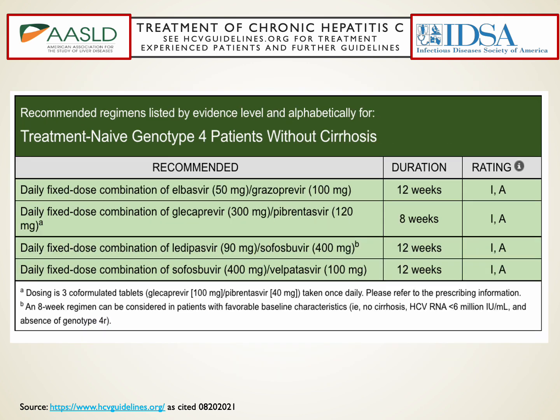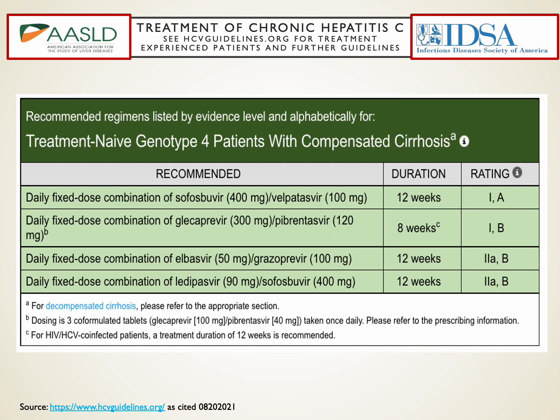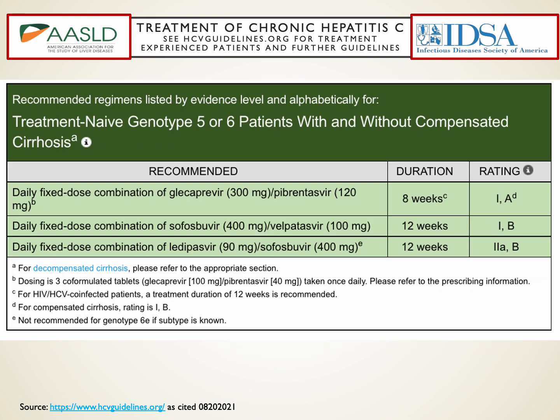For genotype 4, again, some 8 and 12-week regimens. And for genotype 4 patients with compensated cirrhosis, all 12-week regimens. And finally, for treatment-naive patients in genotype 5 or 6, there are 8 or 12-week regimens depending on other factors, cirrhosis particularly.